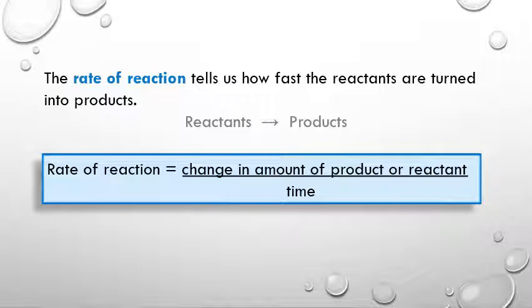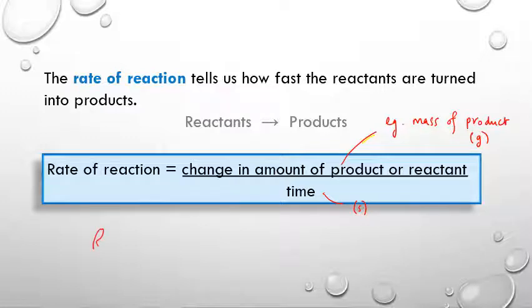And let's just have a quick think about what this might be. So change in amount of product could be, for example, a mass of product. You could measure a solid, in which case it would be in grams. Or it could be a volume of gas in centimetres cubed. And then time is usually going to be in seconds, because reactions that we study in the classroom are usually fairly quick.